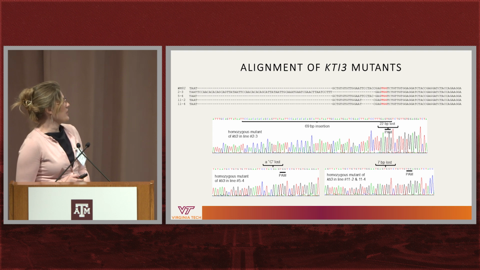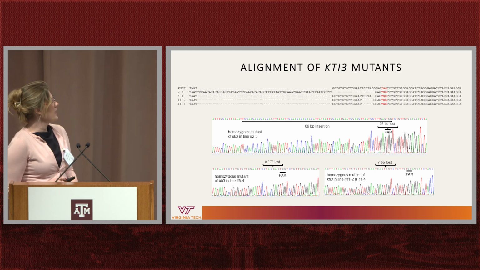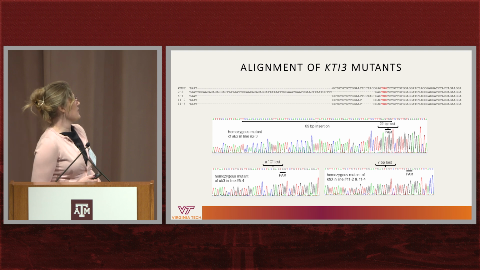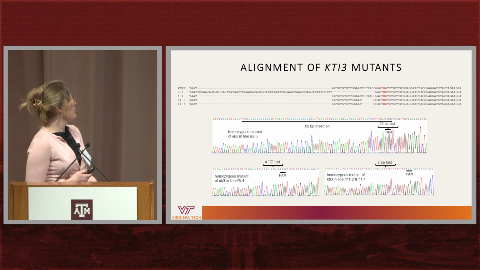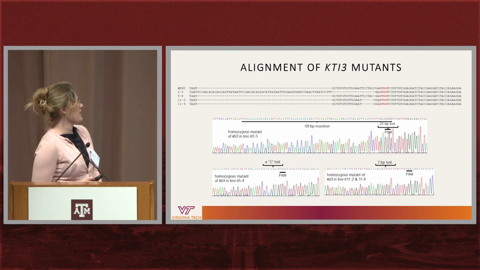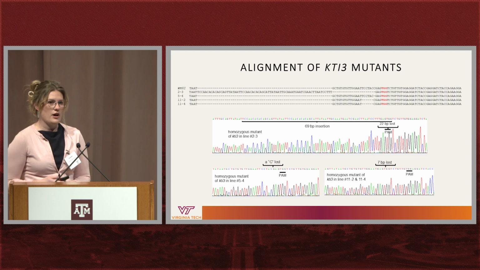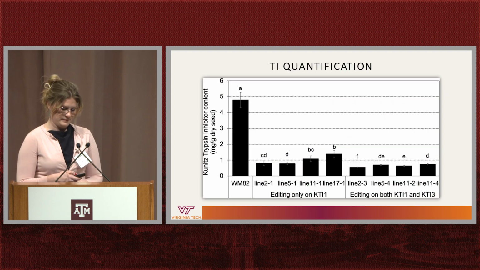And for KTI3, in several of the lines, we saw a 69 base pair insertion with a 22 base pair loss. We also saw some lines where there was only a C deleted, and other lines where there was a 7 base pair loss. And so with KTI3, we saw frame shift mutations.